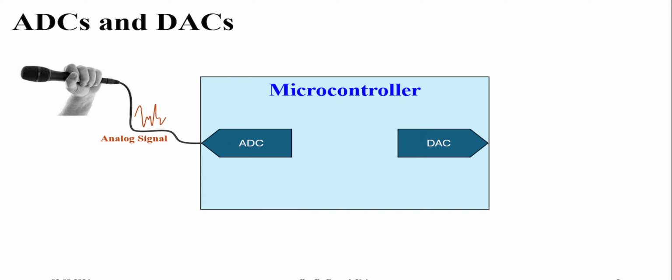First of all, let us try to understand the definition of ADC and DAC. ADC stands for analog to digital converter and DAC stands for digital to analog converter.